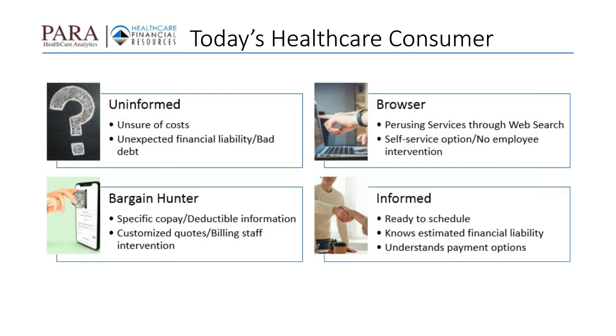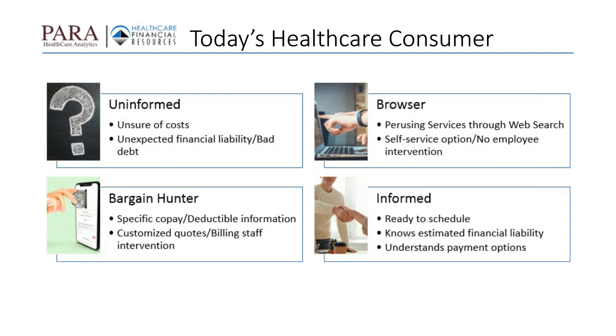We can classify today's healthcare consumer into the following four categories: the uninformed, the browser, the bargain hunter, and the informed. So starting at the top left, the uninformed are those who do not have the resources or know how to seek out those resources to compare hospital prices or understand his or her financial liability.